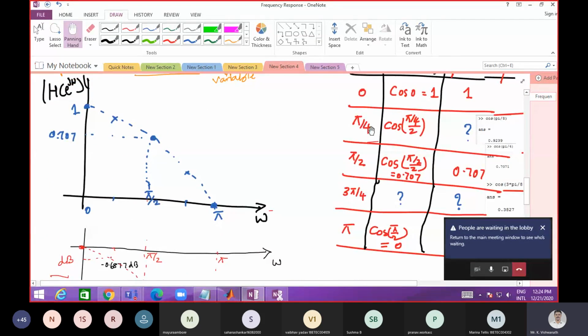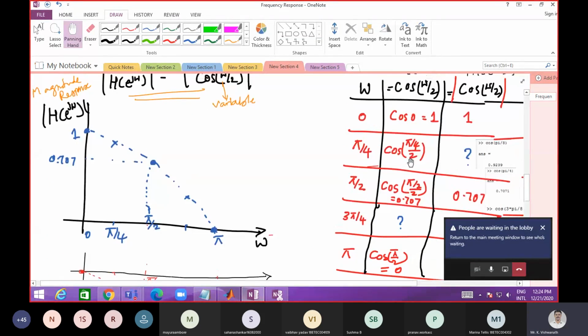So at omega equal to pi by 4, we have to compute this value, cos of omega by 2. So cos of pi by 4 by 2 will be what? We can just calculate that. We can make use of a calculator or a computer.